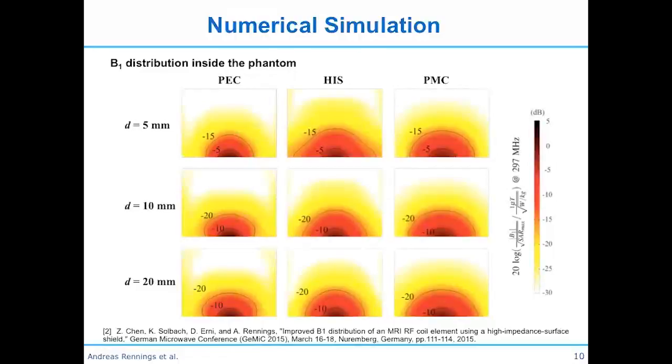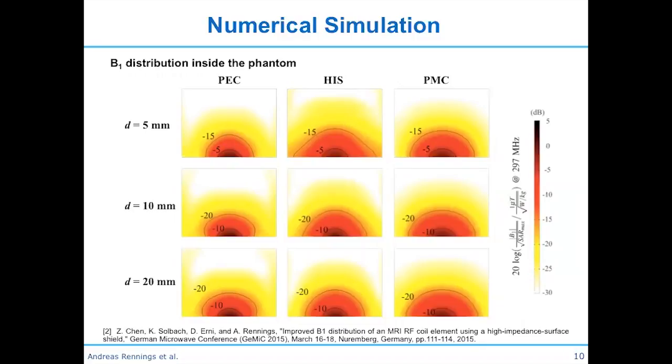In the first column, you have the PEC case, middle column the HIS case, and third column, you see the PMC case. So here, left and right, the ideal cases, and in the center, the HIS realization. So the HIS really wants to mimic the PMC behavior. That is the goal.